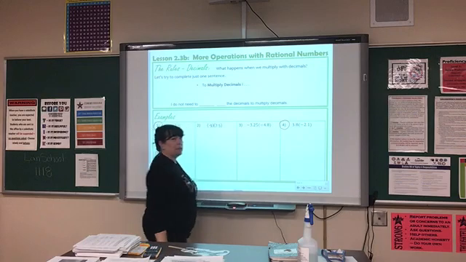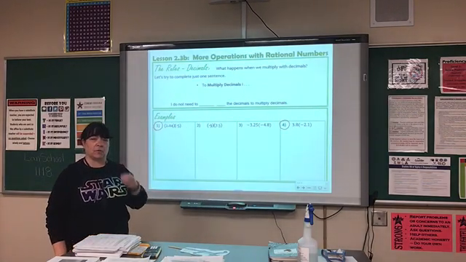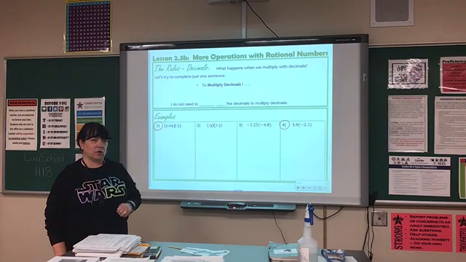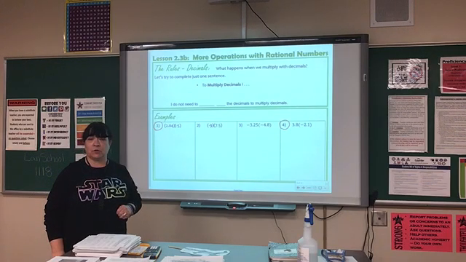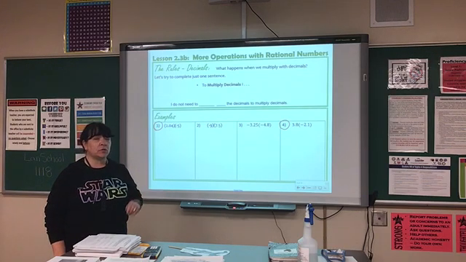So just write down number 1 and number 4. For right now, I'm going to have you do 2 and 3 on your own. But for us together, we're going to do number 1 and number 4. You will need 2 and 3 because you're going to get to do them on your own.